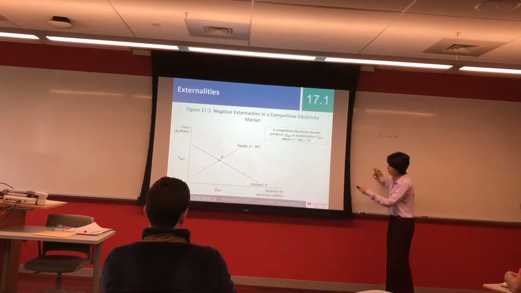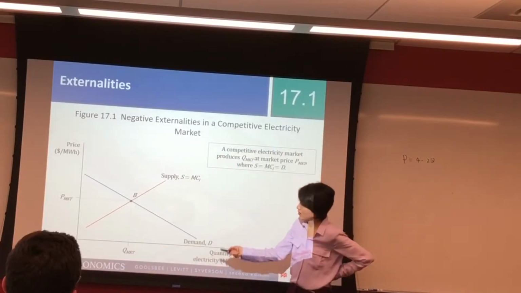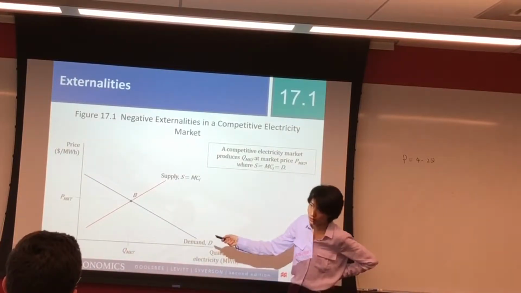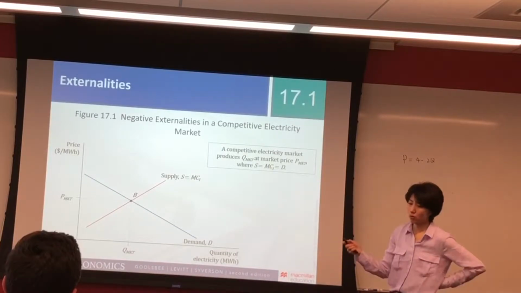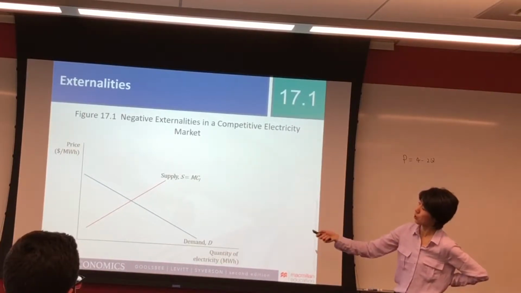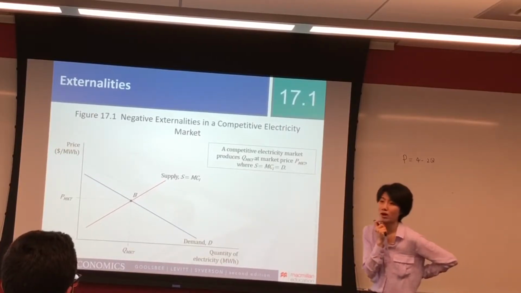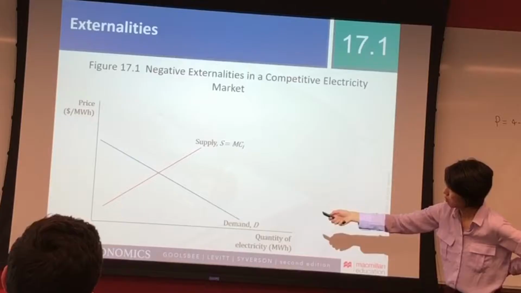When there are no externalities, this is how we get the market equilibrium price and quantity: I just set these two equal to each other, at the intersection point. But when there are negative externalities, there is some external marginal cost, and that external marginal cost will affect the supply curve.